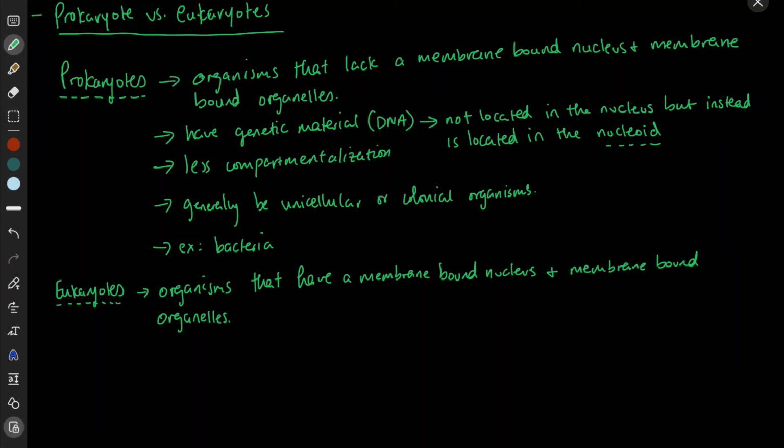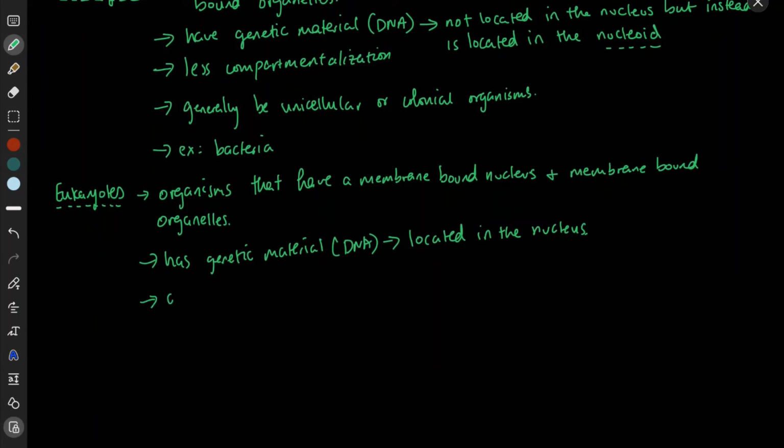Right? And so here the genetic material, in the form of DNA, is this time located in the nucleus. So with respect to eukaryotes, we have a greater degree of compartmentalization, because again we have membrane-bound organelles and a membrane-bound nucleus.